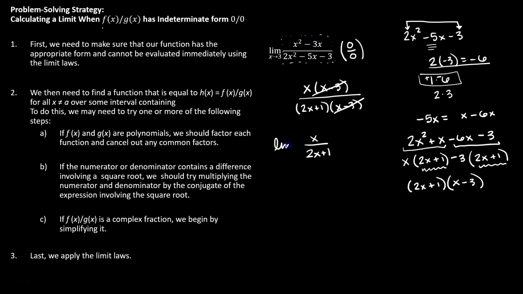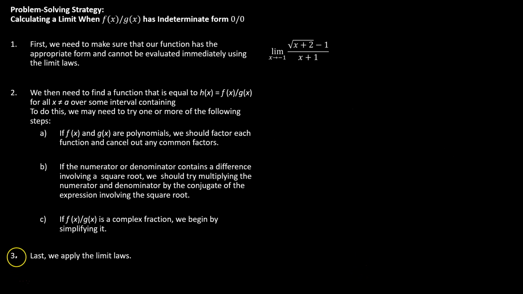So we will compute the limit for this function and say that it's going to be equal to the one we started with. Now this one, I'm allowed to do direct substitution, so I'm just going to replace my x's with 3's and simplify. That limit comes out to be 3 over 7.